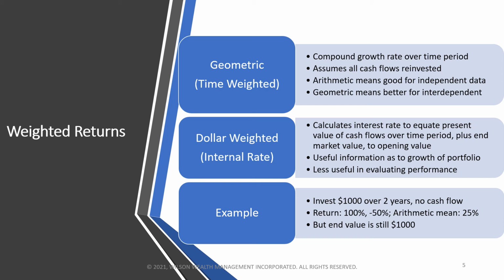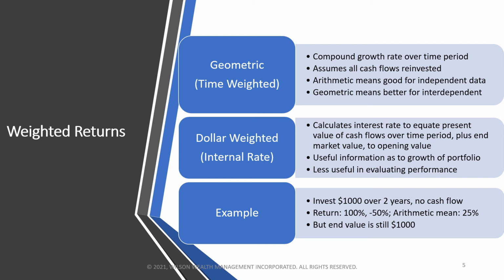At the very bottom, the example that I discussed on the previous slide, with arithmetic, my return of 100% and negative 50% in 2 years means I'm back at 1,000. 1,000 times 100% is 2,000. And then I lose 50% the following year, I'm back to 1,000.